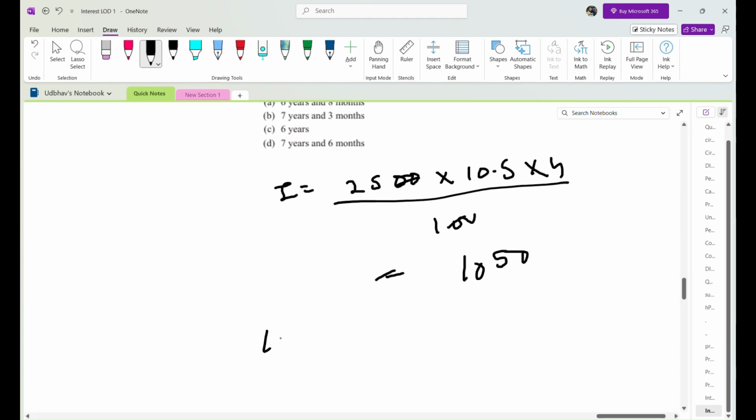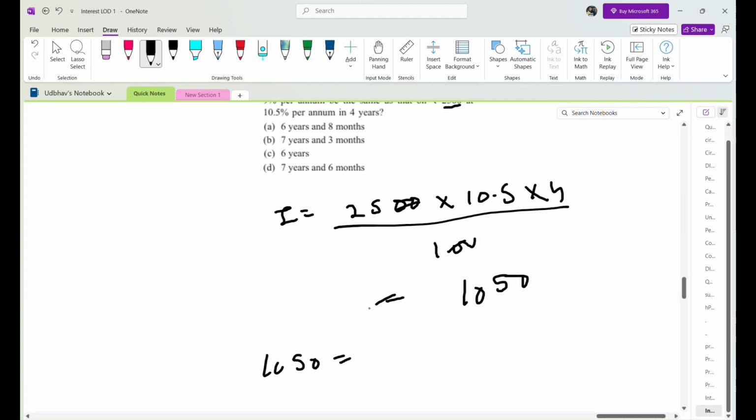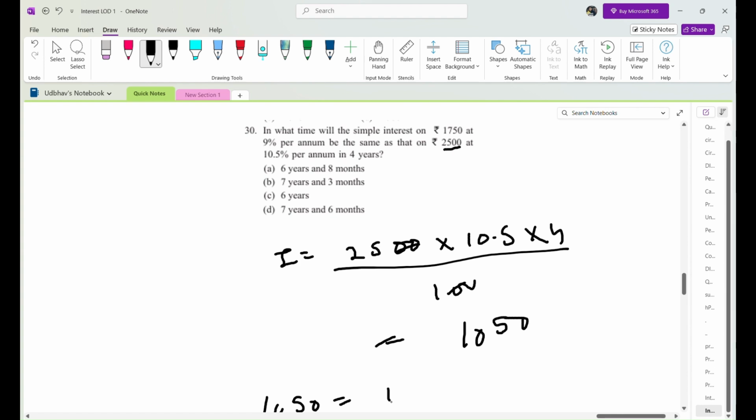So we have the interest now. Now our principal is 1750.